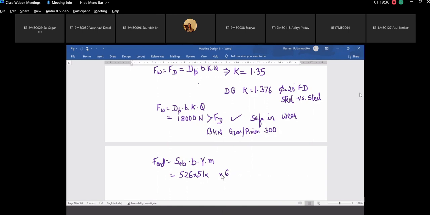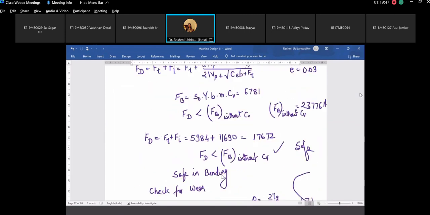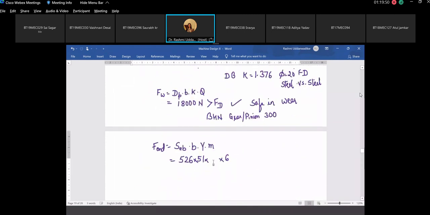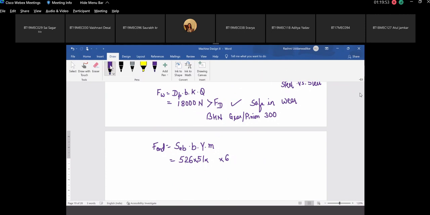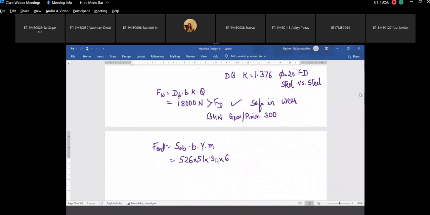Check what your endurance strength is. This should be greater than your FD. There is a Y value for the pinion, 0.37. The result is 59,553, which is much higher than FD. So this is very safe in endurance.